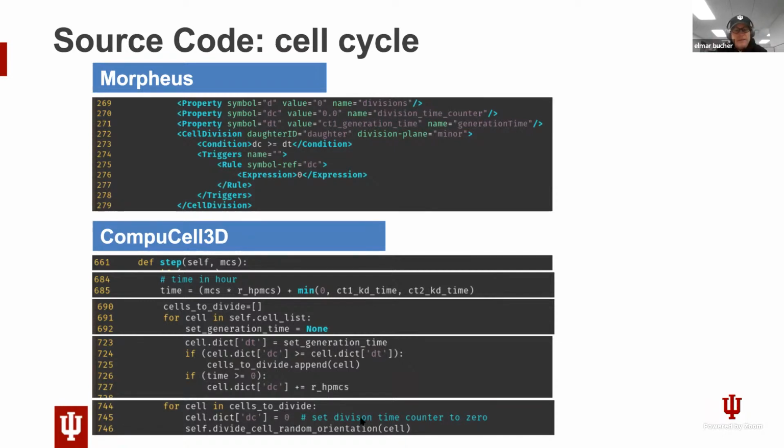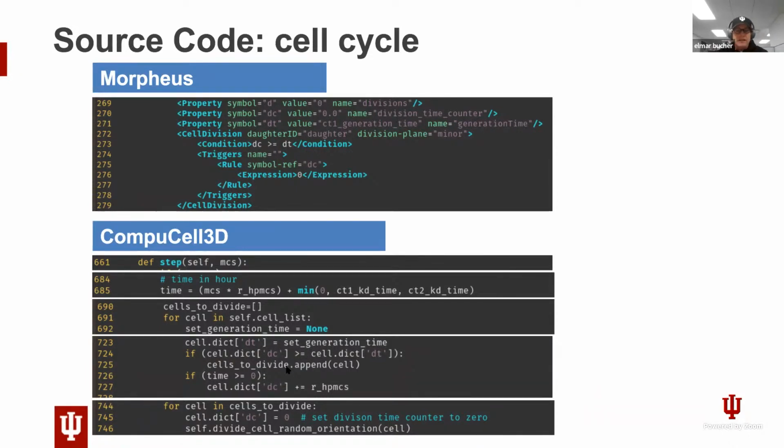This division time counter is reset when the cell divides and starts to count again. Different cell types have different generation times, and the cell counter is always compared with the cell generation time. When it's higher than the generation time, then the cell splits.